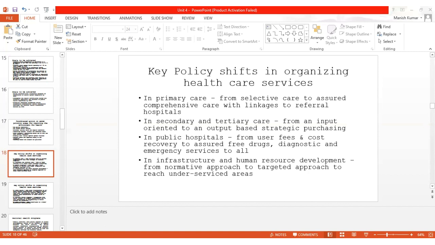So these IPHS guidelines, I think everyone should go through, because in India our public health system is governed by them. Having said that, it's very hard to maintain these IPHS guidelines. I have had the privilege of working in states like Karnataka and Tamil Nadu.